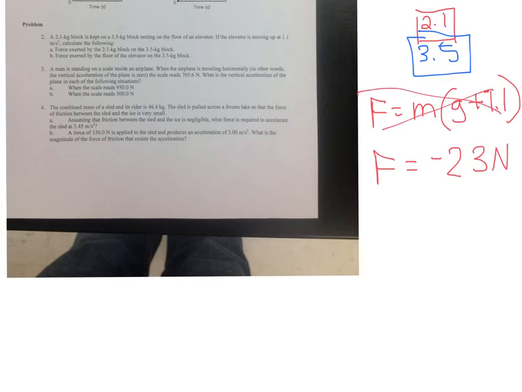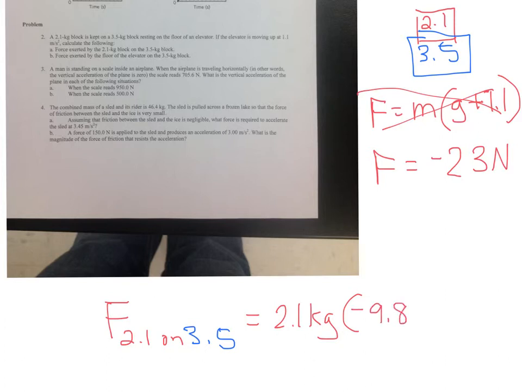I'm just going to rewrite this down here. So the force of the 2.1 on the 3.5 is equal to the mass of the 2.1, which is 2.1 kilograms, times the acceleration of gravity, which is negative 9.8 meters per second squared, plus that resistance to the 1.1 meters per second squared.